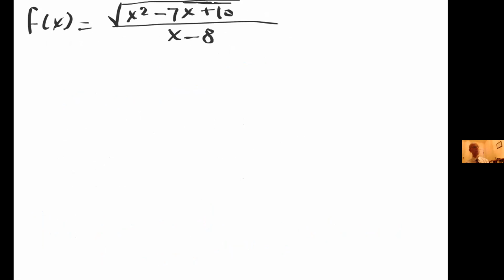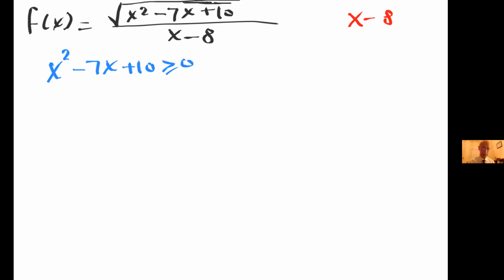Notice that this time, both numerator and denominator give me restrictions. The numerator tells me that x² − 7x + 10 must be greater than or equal to 0, and the denominator tells me that x cannot be 8.